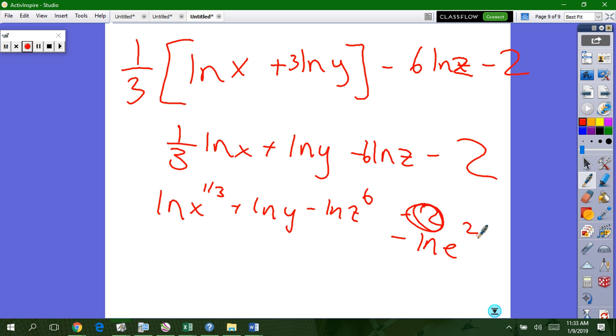Why? What's our base here? E. So if I do e squared, remember if our bases are the same, don't they get rid of each other and then that's just 2? Does everybody understand how I did that? ln of e squared is 2 because e to what power is e squared? 2.